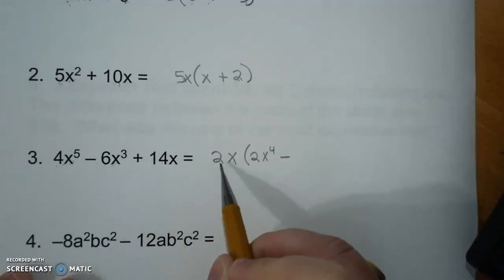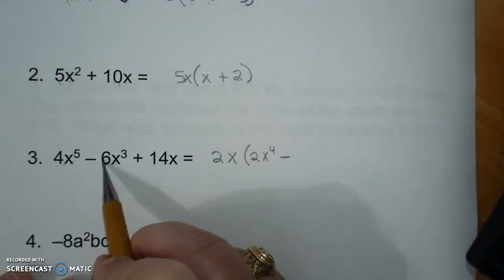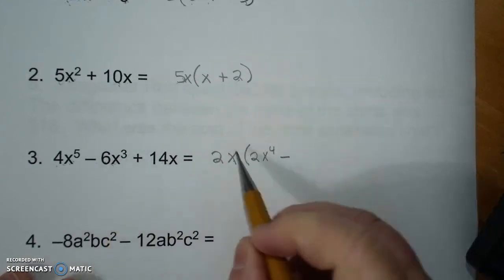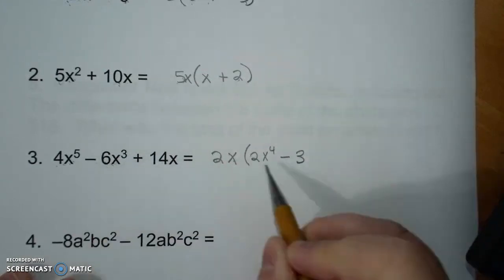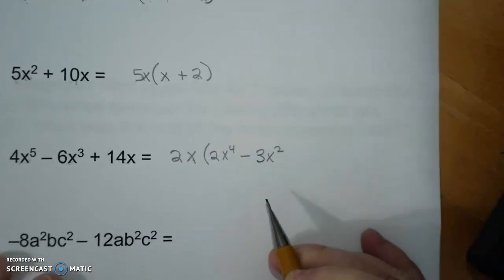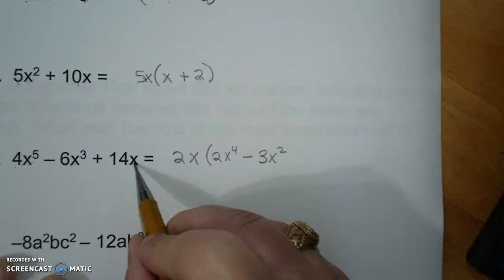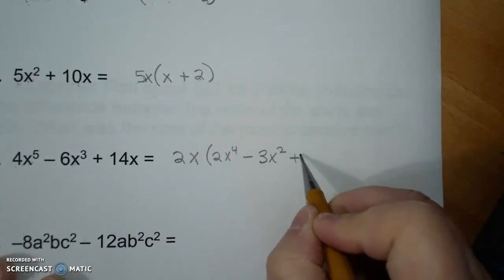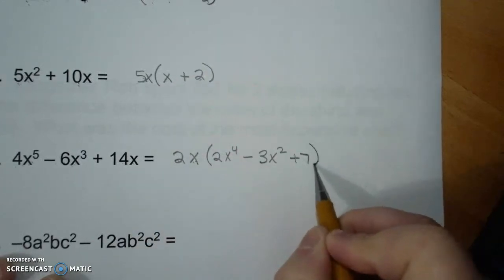Sign stays, because I didn't take out a sign. 6 divided by 2 is 3. There's 1x here, there's 3 here, 2 left in. And 14 divided by 2 is 7, and the x came out.